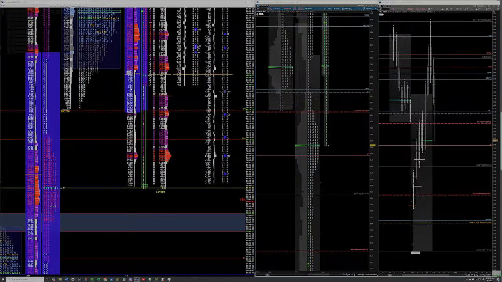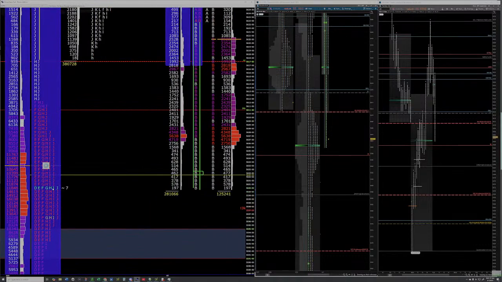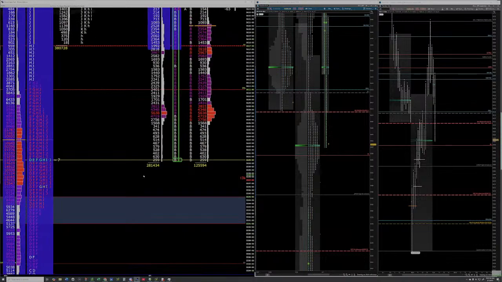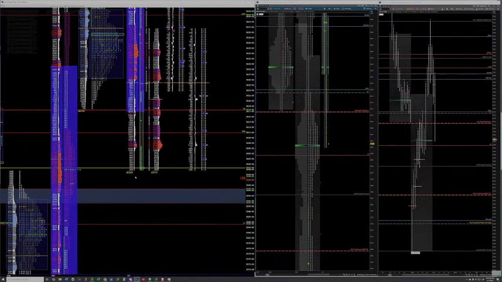Notice how wide, how much volume here. Look at where it stops here. Right here. Can you see this? It stops here and there's a small rally that happens there. This is not a sign of serious selling here.